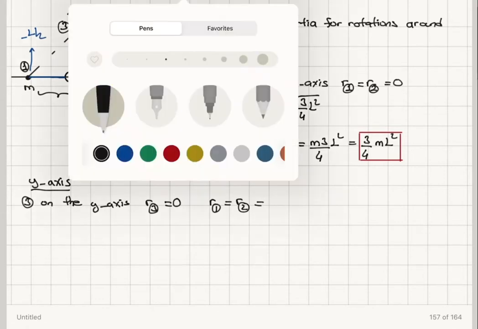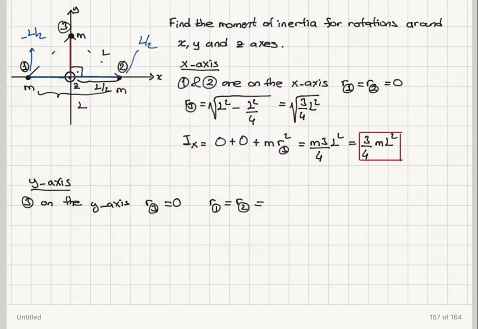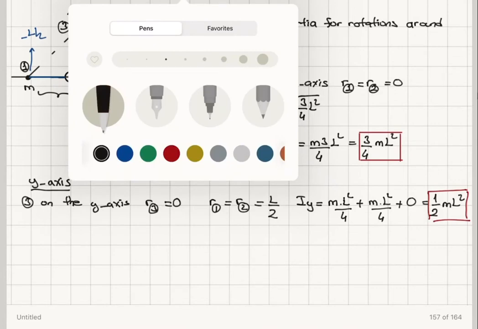This is at plus L over 2. So the distance is L over 2. The moment of inertia for rotations around y-axis will be m times L squared over 4 for particle 1, m times L squared over 4 for particle 2, and 0 for particle 3. So this will be 1 over 2 ml squared. So that will be the answer for y-axis rotations.